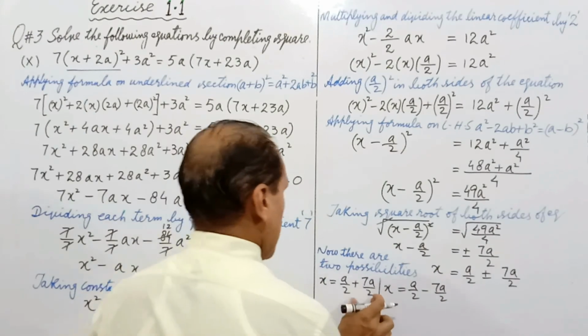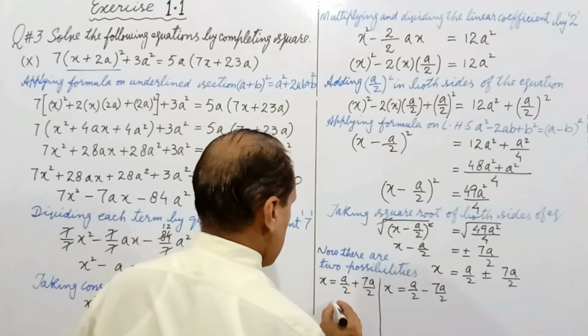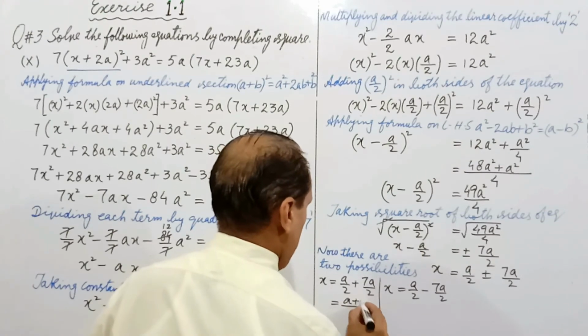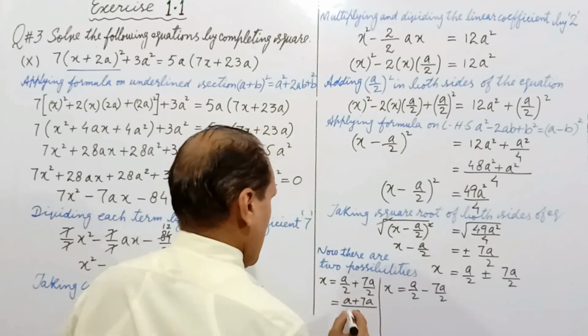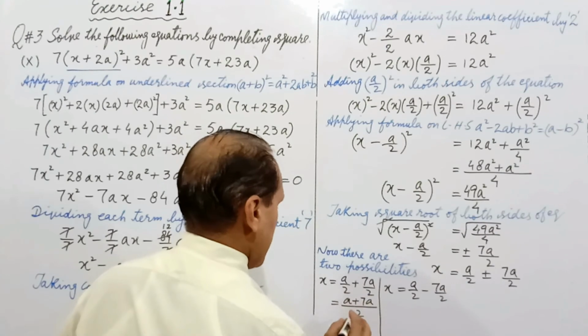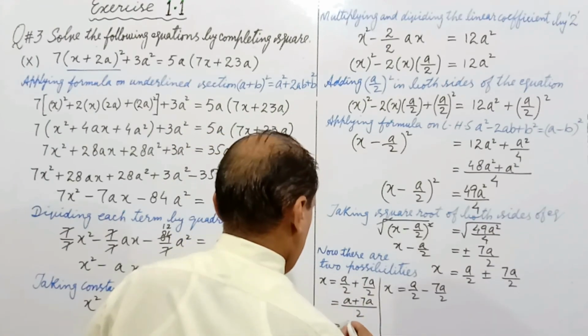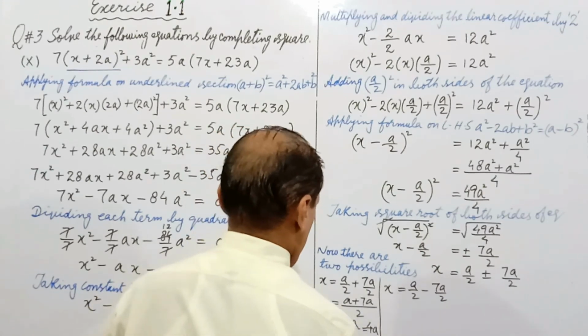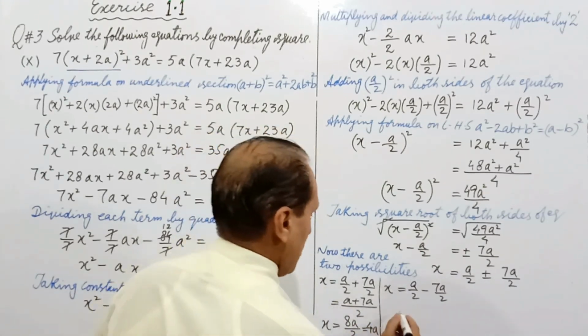As the denominator is the same, we write the numerator as they are, according to the standard procedure of LCM. a plus 7a means 1 plus 7, 8. 8a over 2, we have 4a, the first root.